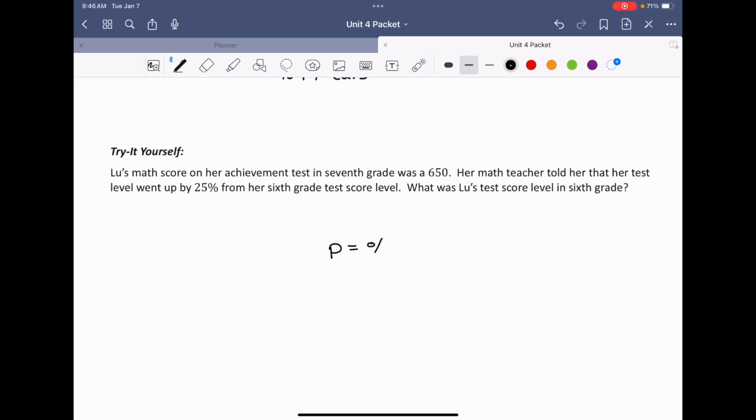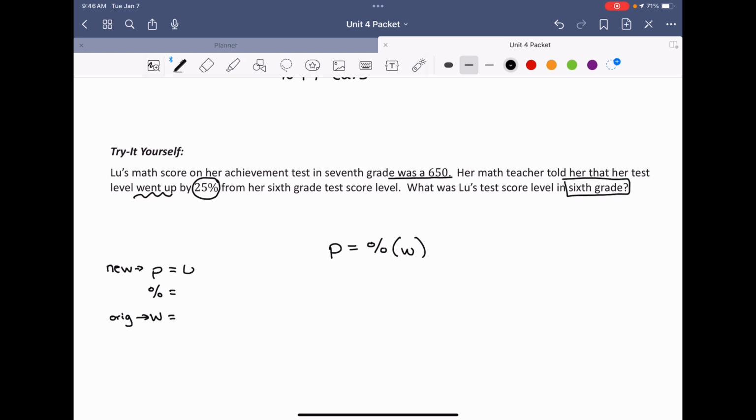All right, so I'm going to set everything up: part equals percent times whole, and my cheat sheet. It tells me that it went up by 25% from 6th to 7th grade. So 7th grade would be the new amount, so that would be the part, and the 6th grade amount is the whole.